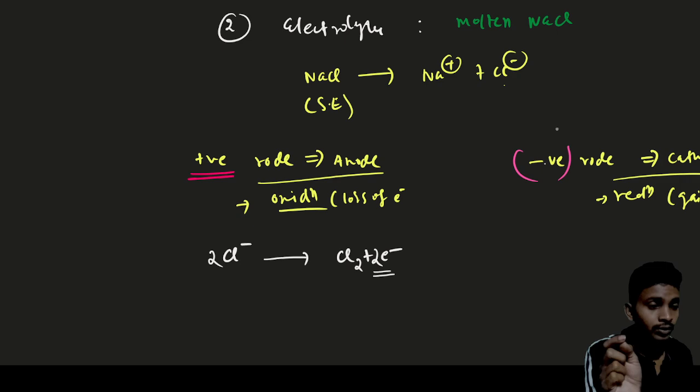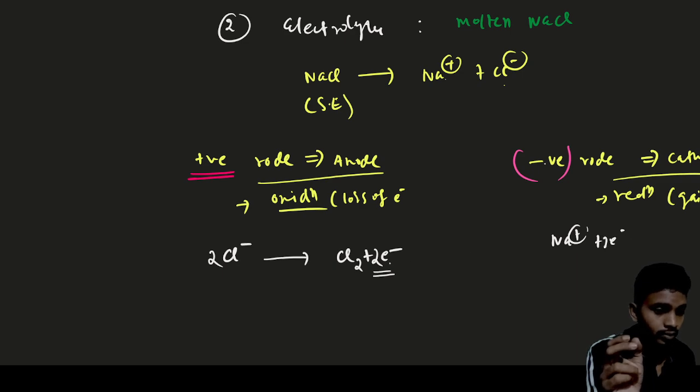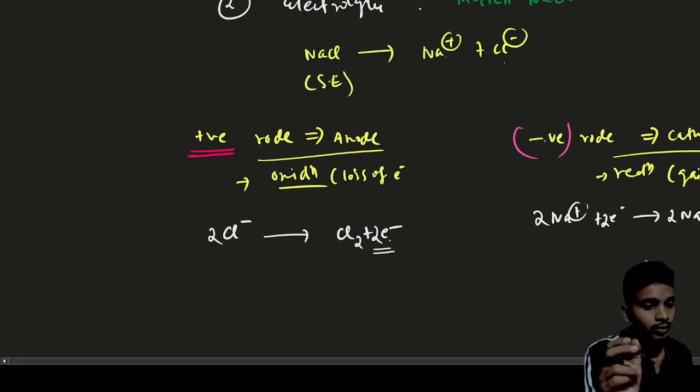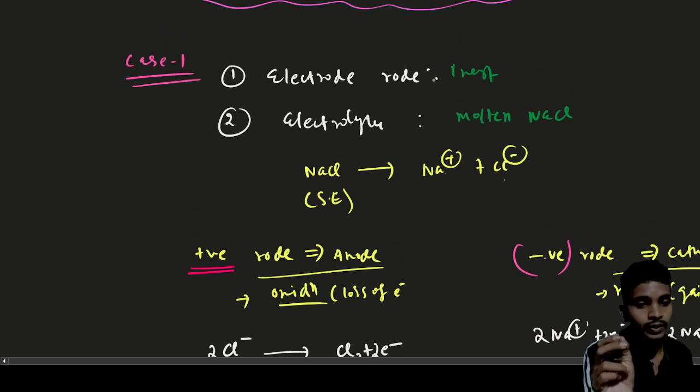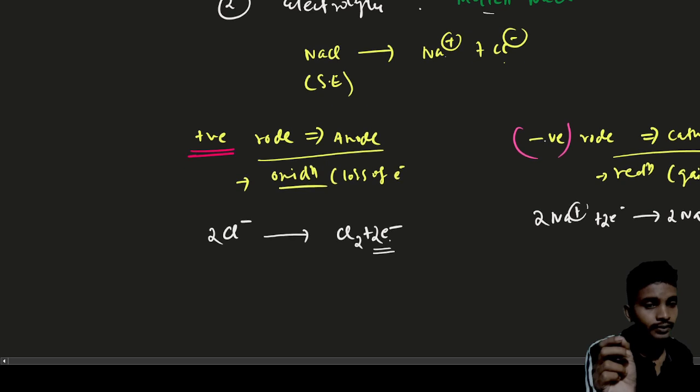This is the negative rod, so Na plus is attracted towards it, gain of electrons, so we write 2Na. Okay, so this will happen if the electrode is inert and it is molten NaCl.